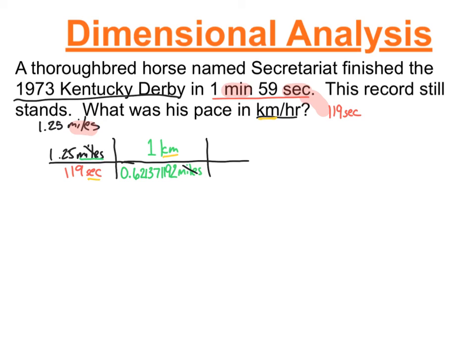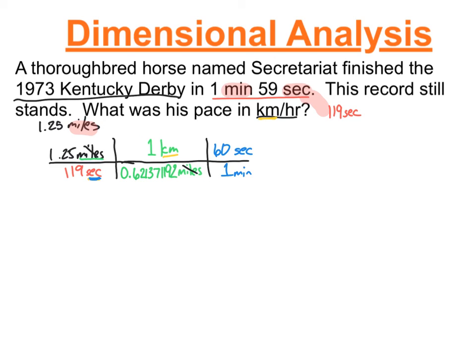And then now I need to get from seconds to hours, and since seconds here is in the denominator, I'm going to have to put seconds in the numerator, and so I have 60 seconds in 1 minute.